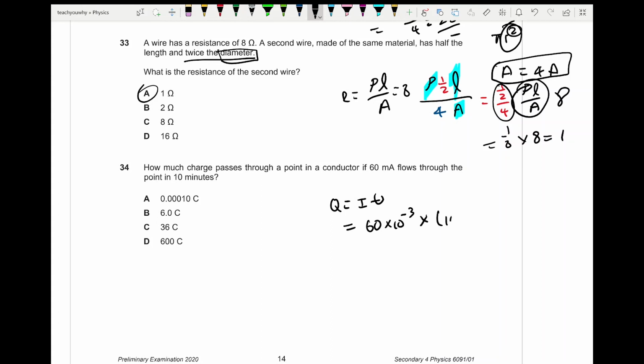My time is 10 minutes, and it needs to be in seconds, so it's 600 seconds. Therefore, the answer is C. Just press your calculator and you can get this answer.